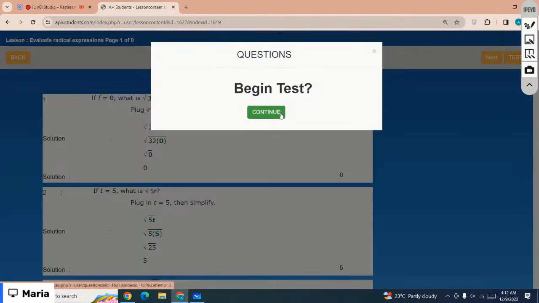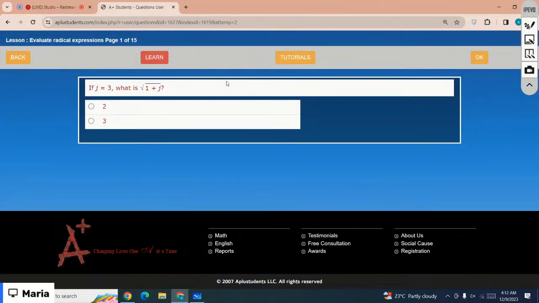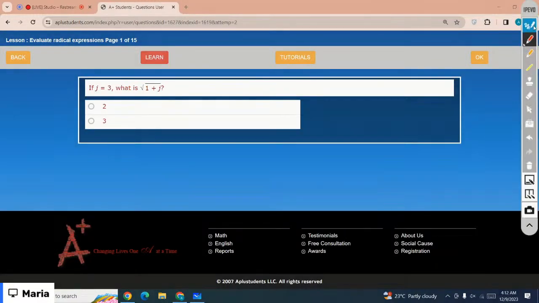Okay, let's just start with the test questions. If j equals 3, what is square root 1 plus j? So simply replace the variable with the value. So the value of j is 3.